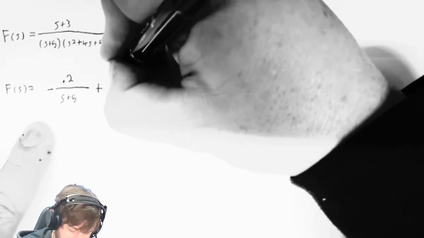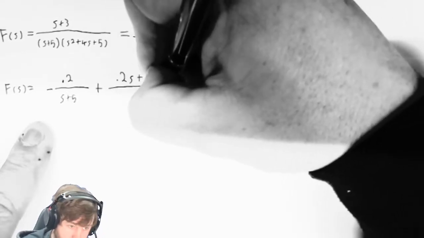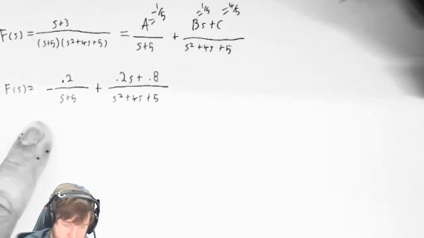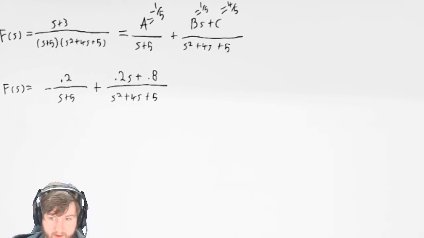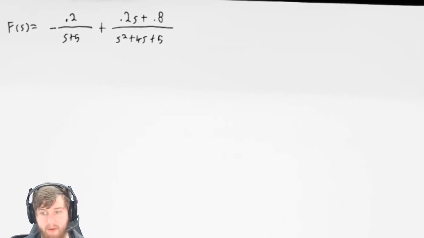Negative 0.2 over s plus 5 plus 0.2 s plus 0.8 over s squared plus 4s plus 5. Alright, so we're halfway there. We have it in the form that we need to use the Laplace transform table.